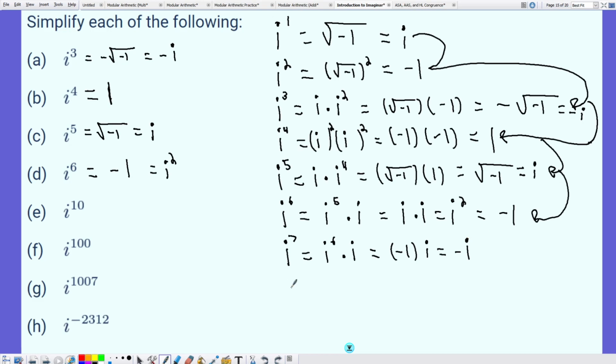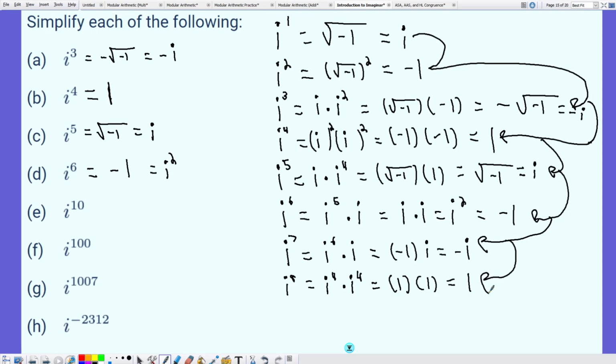And I can pretty much guarantee i to the 8th power is i to the 4th times i to the 4th, which is 1 times 1, which is just 1. So it repeats the pattern. It seems like every 4 terms, it repeats a cycle.